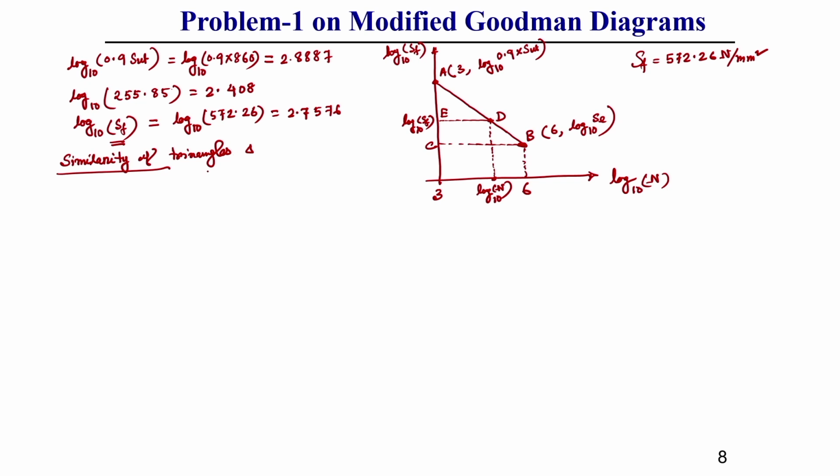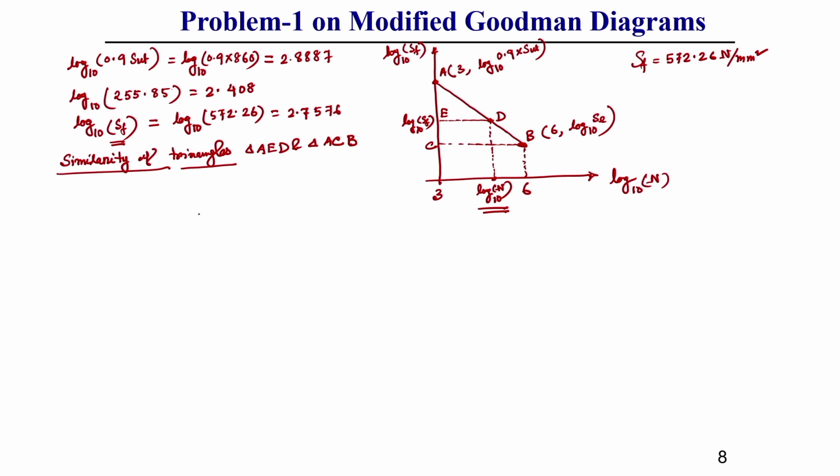What are the triangles? AED and triangle ACB. Based on these two triangles, what are the things we need to find out? We need to find out this log 10 n, that I am going to find out.